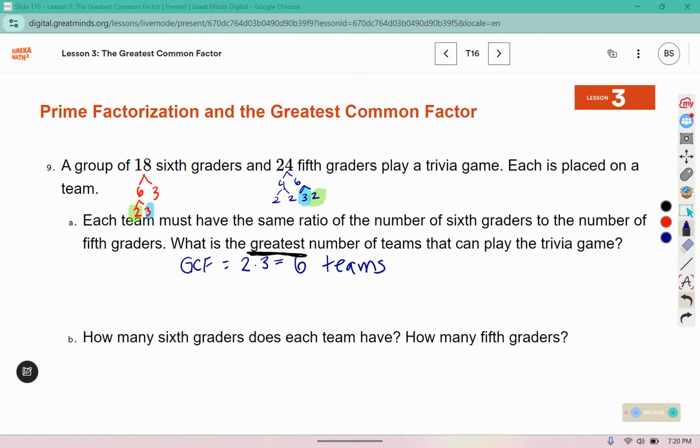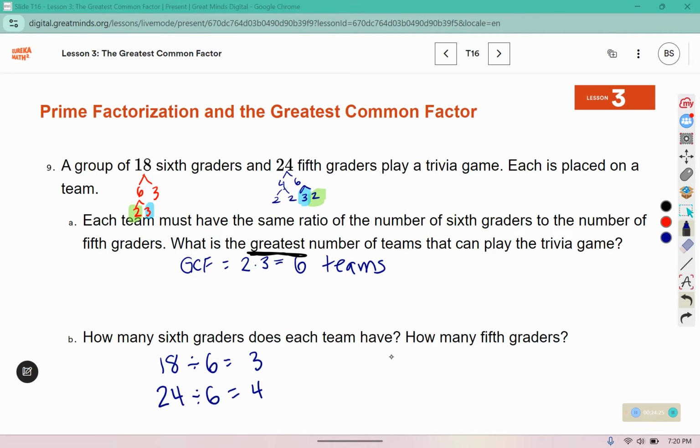But part B asks how many go on the team. How many does each team have? If we are splitting the sixth graders up into 6 teams, that gives us 3 sixth graders per team. And the 24 fifth graders split on the 6 teams would give us 4 fifth graders.